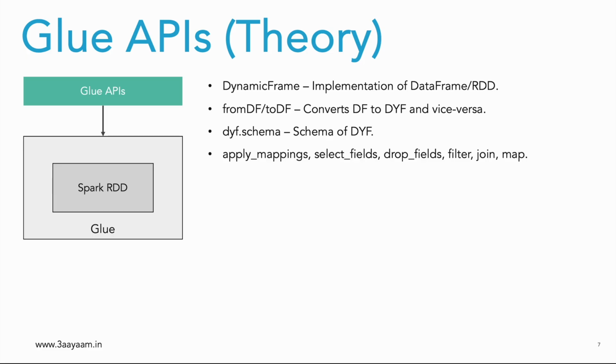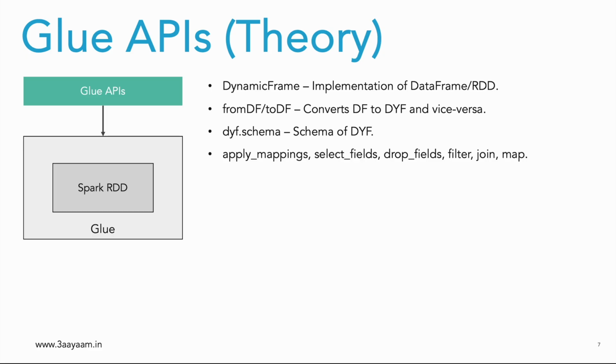If you know the construct of Spark RDD, you'd see that it matches a lot with the Spark RDD APIs. We have map API in RDD. We have flat map API in RDD. In fact, we have flat map in Glue also. There are select, filter, join. These are there in Spark RDD also. And of course, these are there in data frame also. But Glue APIs mostly implement the RDD APIs.